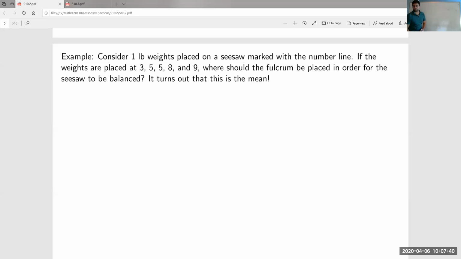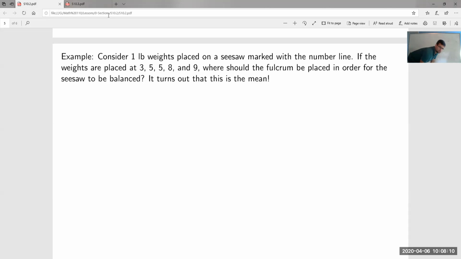So for those not used to the term, fulcrum is just a fancy word that means the point of rotation. So if anyone's ever seen a seesaw, it's just the point where it's bracketed in the middle, where the log or the piece of wood rotates around.